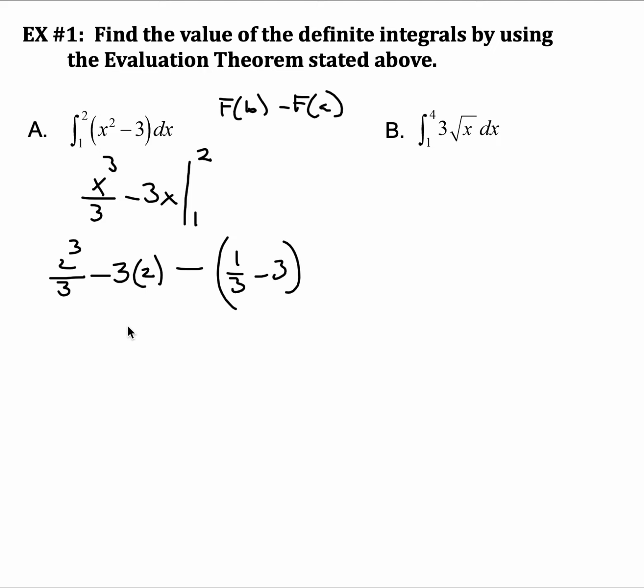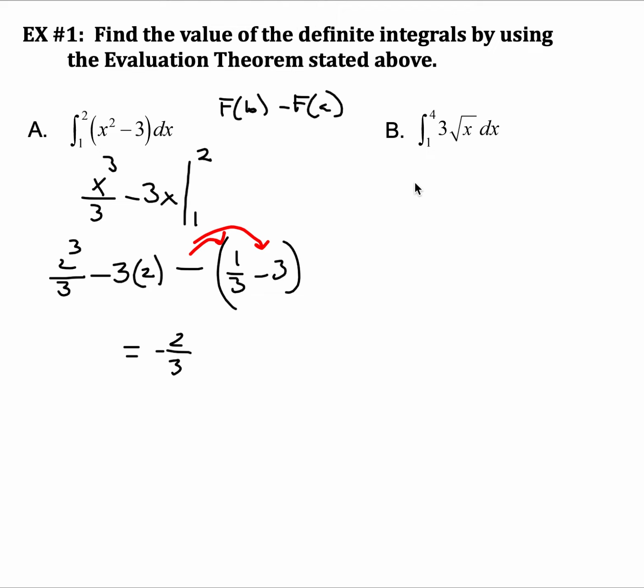I'm not going to go over the basic algebra here, but your final answer should be negative 2/3. The biggest thing is when you're subtracting capital F of a, make sure you put it in parentheses so that you distribute the negative to all the terms of capital F of a.